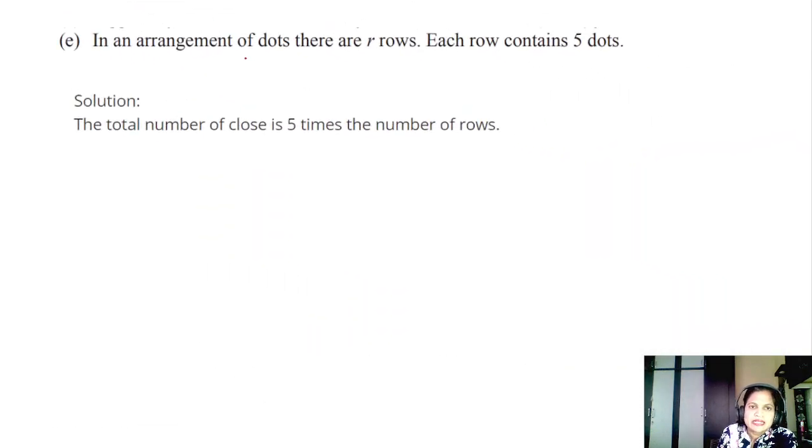E. In an arrangement of dots, there are R rows. Each row contains 5 dots. The total number of dots is 5 times the number of rows. The statement is: number of dots is 5 times the number of rows.